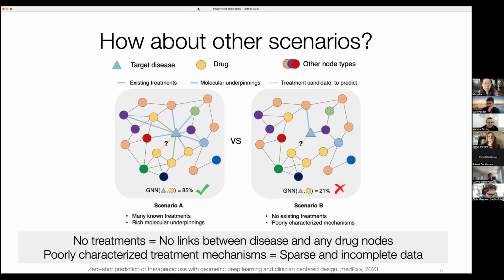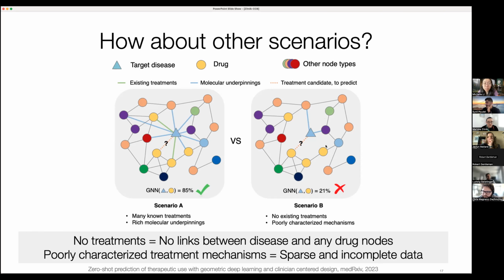Technically, the way this manifests in the knowledge graph is that those challenging-to-predict diseases tend to have really sparse neighborhoods, which is shown in the scenario B part of the slide, where this central blue triangle represents a disease node. We can see that the surrounding local neighborhood around this blue triangle is really, really sparse, meaning there are no links between this disease and any drug node, and potentially this disease has a poorly understood molecular mechanism.